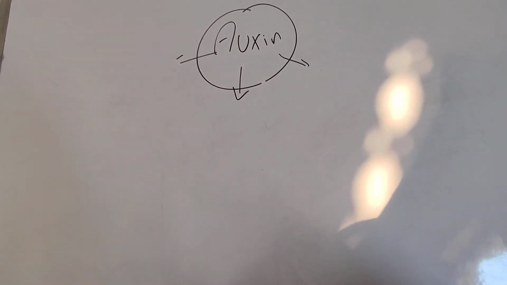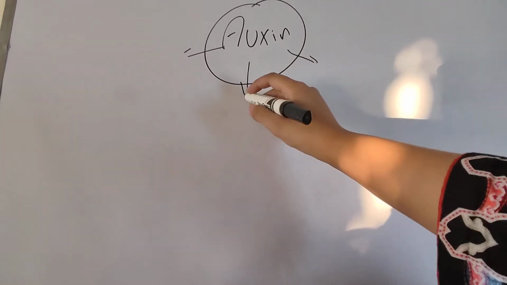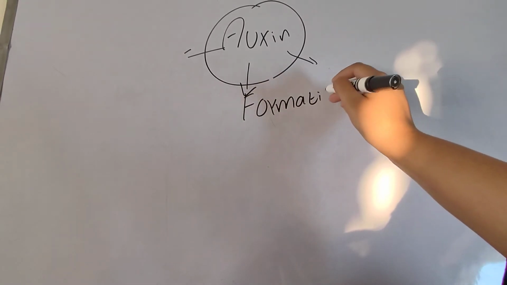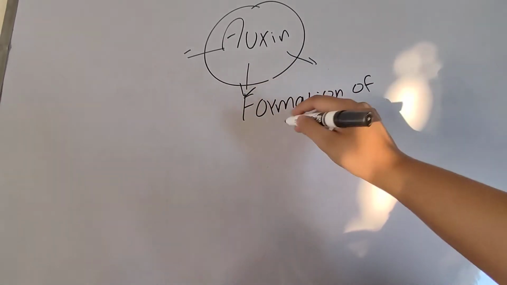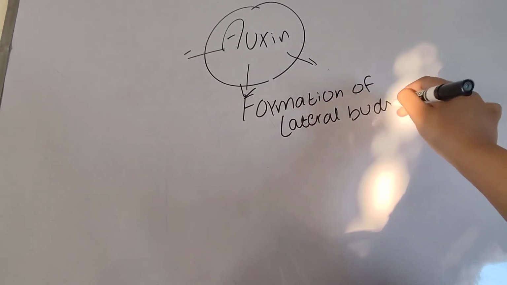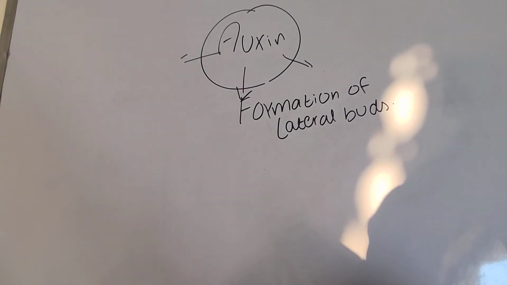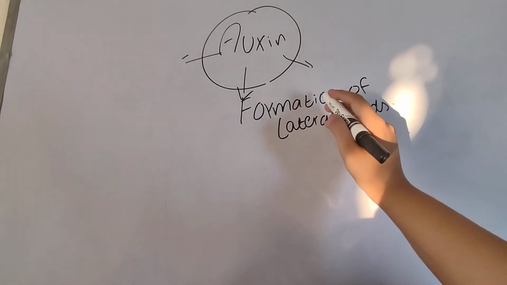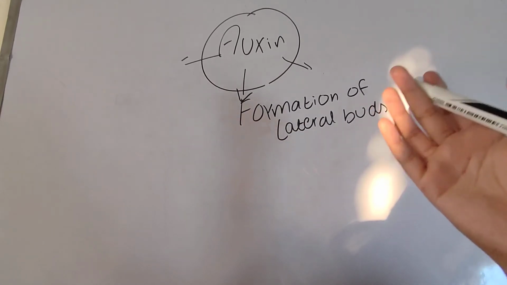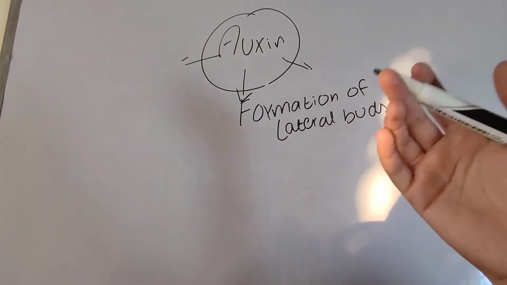Okay guys, so the fourth point is the formation of lateral buds. As we have just discussed, because of the high concentration of auxin in the apical bud, their increase in size has become higher.